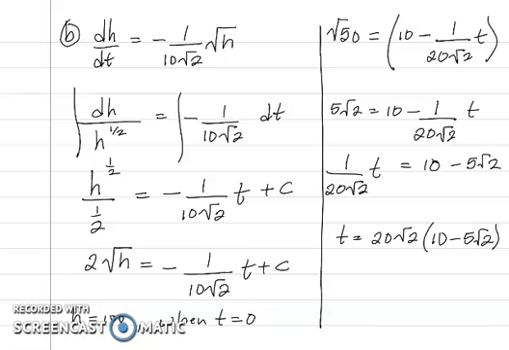Of course, if we put this as it is in our calculator, you don't have to do anything special. We're going to end up with t is equal to 82.84 minutes.